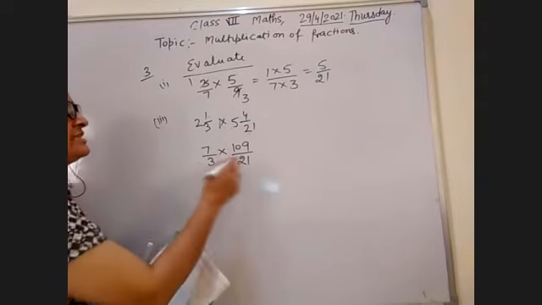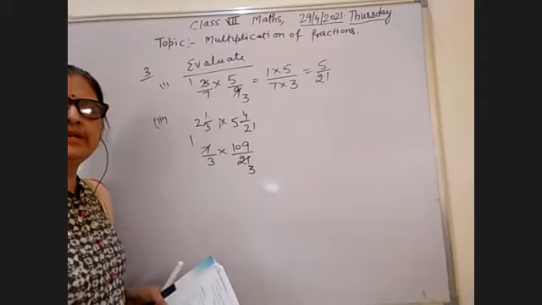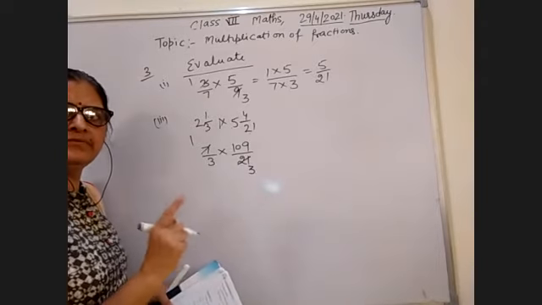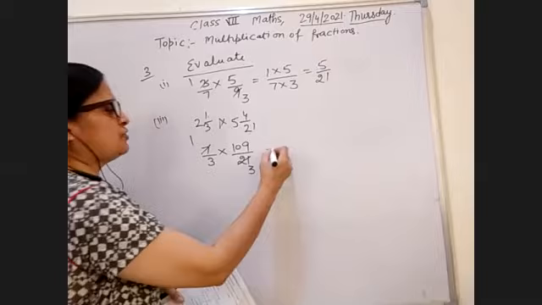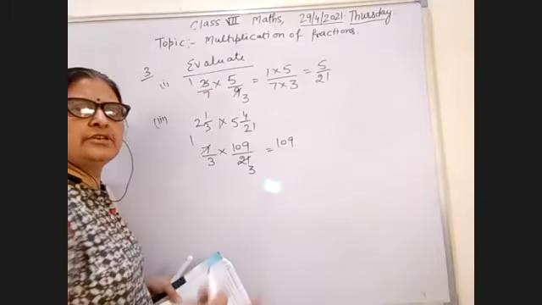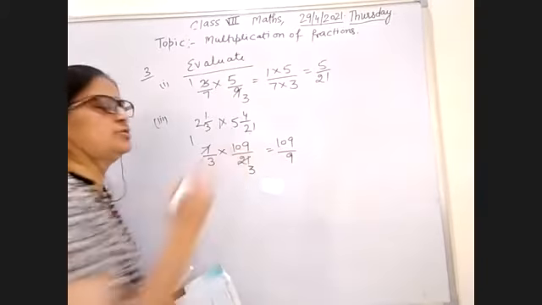So, which are cancelled? 7 ones are 7, 7 threes are 21. These are not cancelled by any one factor. So 109 into 1 is 109, and 3 multiplied by 3 is 9.